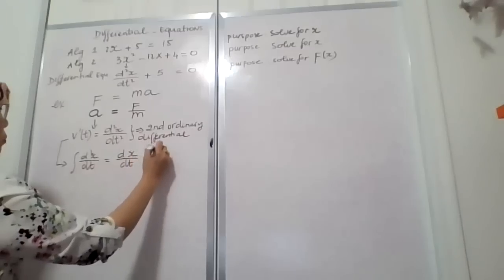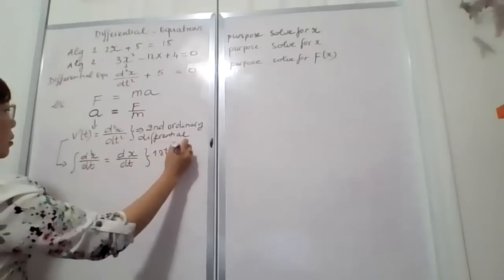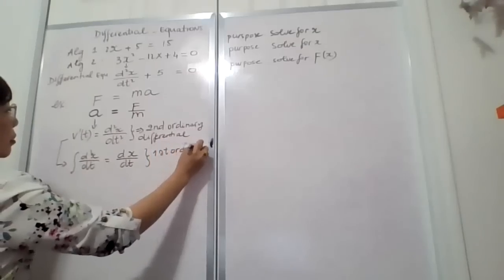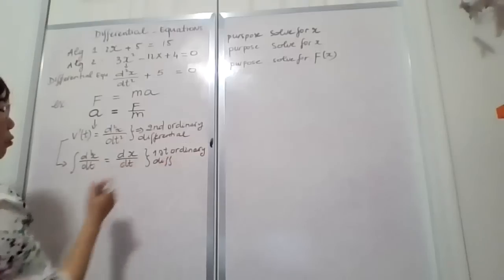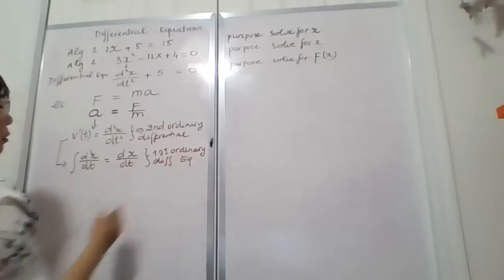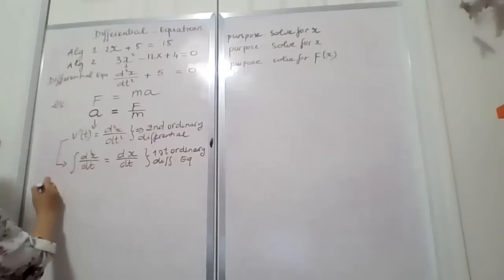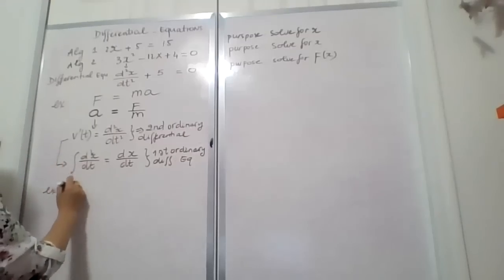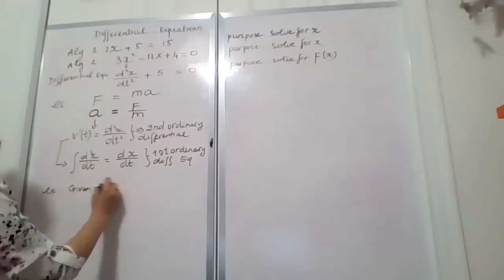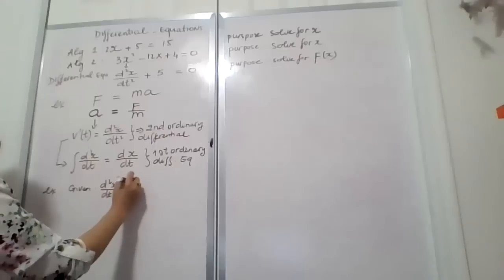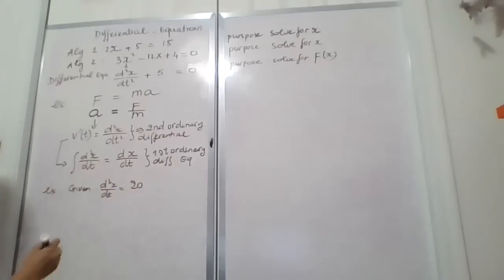And this first level is first ordinary differential. I'm going to put it in the short form equation, right? So for example, let's say given d square x over dt equal 20.